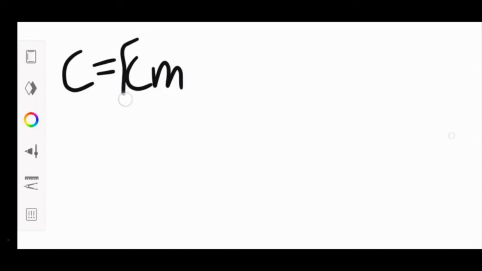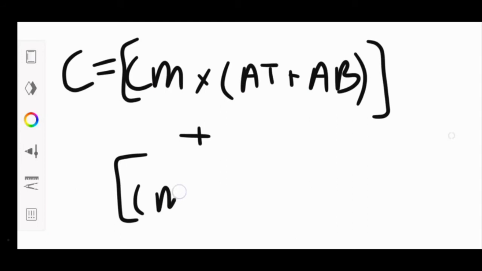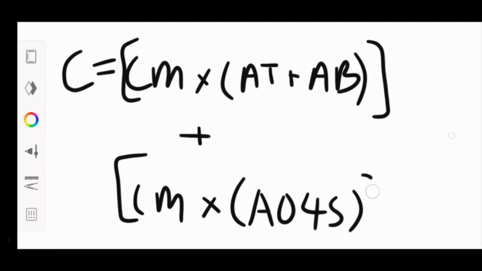To find the cost material, which is C, we're going to have to multiply the cost material with the area of top plus area of bottom, plus the cost material multiplied with the area of the four sides, because it's a prism, obviously.